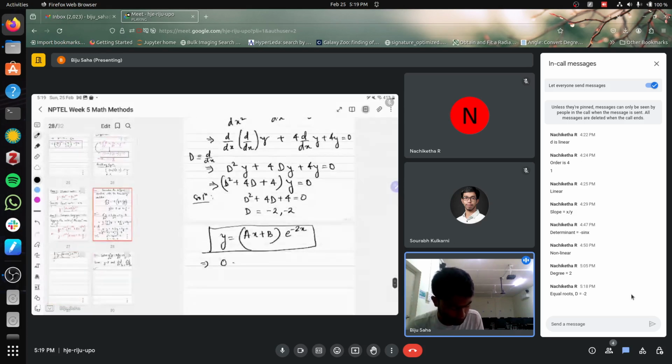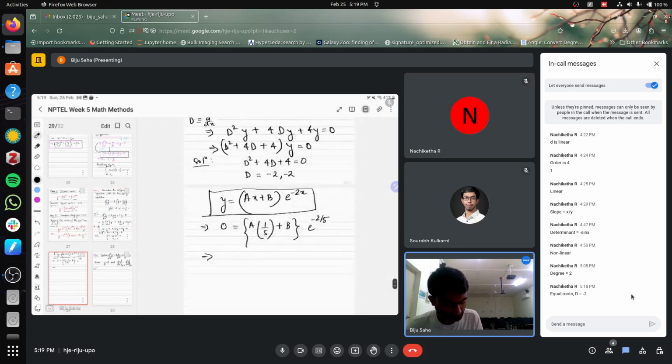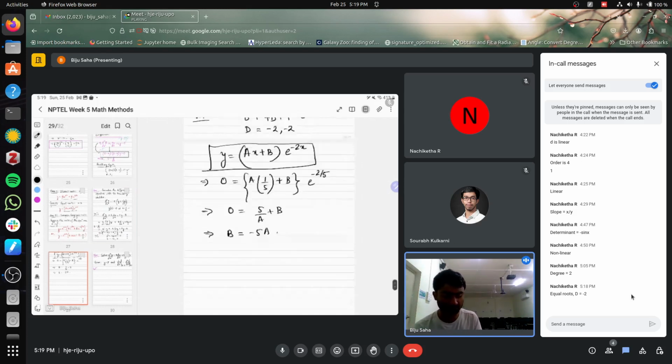So 0 is equal to... it is 1 by 5. So you obtain b is equal to minus 5a.